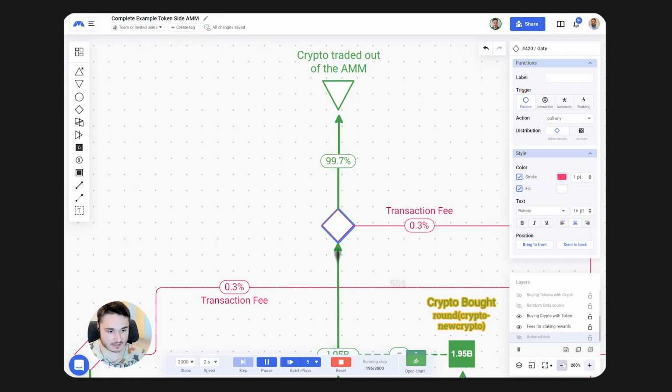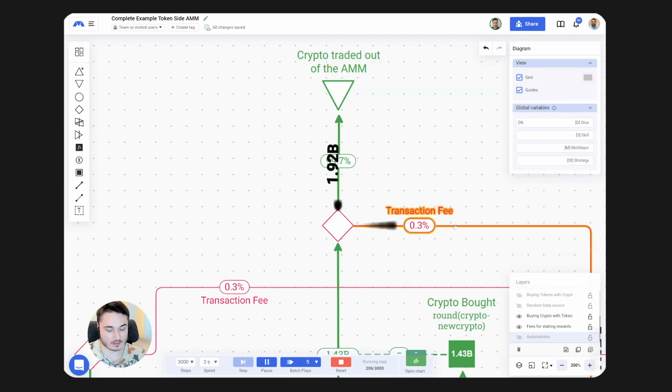What would happen in this case is that the deterministic gate would try to balance that over multiple steps. So let's say in the first step, we would put 100 resources through the gate. What would happen is that all 100 resources would go towards the drain on the top and 0 resources towards the transaction fee. The deterministic gate, however, remembers that it sent those resources in these proportions, right, 100 to 0, and during the next step, it will try to balance out that amount.